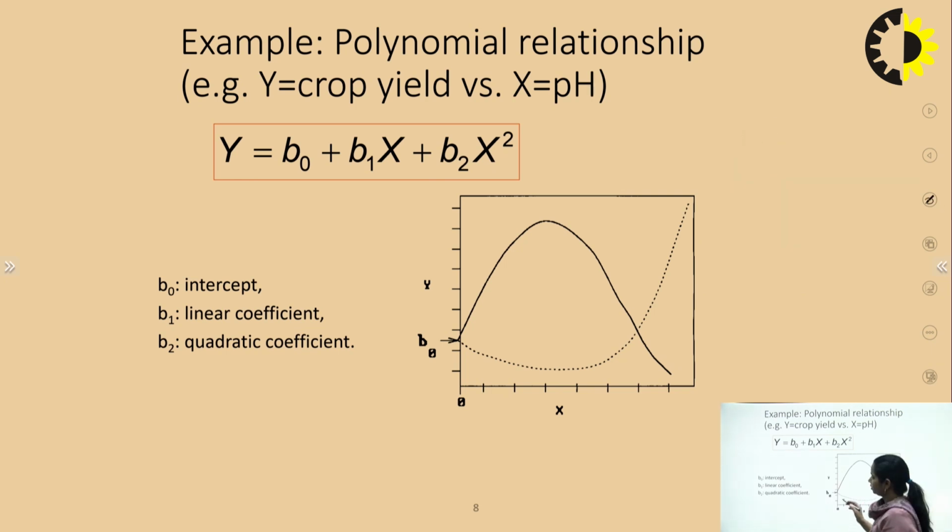Right. So this is how we represent the polynomial relationship. So if y is saying whether the crop will yield or not, and x is the pH level, it may vary. It is not necessary that if the pH level is low, the crop will yield or not, and if the pH level is high, the crop will yield or not.